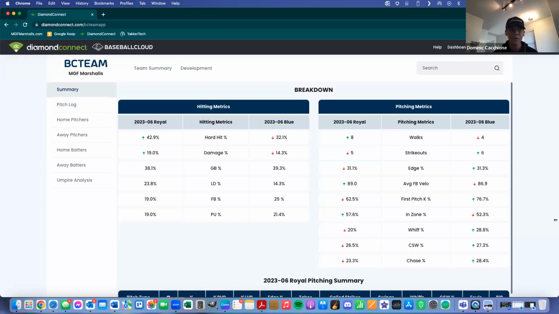When someone says you put damage on that hit, it means you mostly got a double, triple, homer, whatever it might be. Something that puts a runner in scoring position or brings in a run as well. So if there was a runner on base and you got a hard hit single, or a long fly ball for a sac fly, that's what it means for damage percentage.